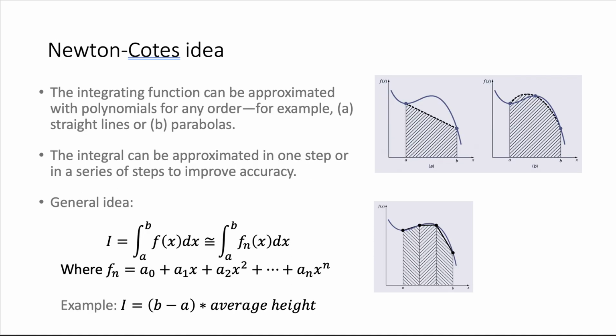So let's look at this idea from Newton-Cotes. We start from the observation that while we may not know exactly what the integral of an entire function is, we can approximate this function by something simpler. And we've looked at how to interpolate data points using polynomials just a few videos back.